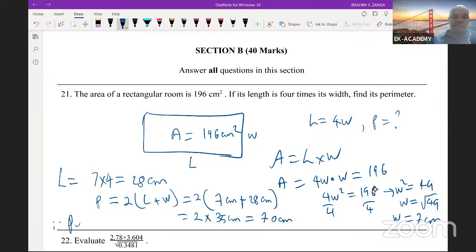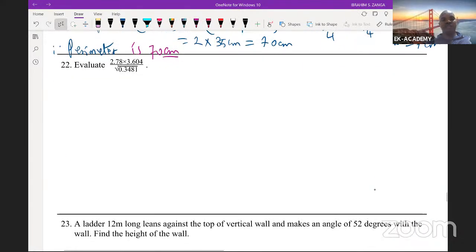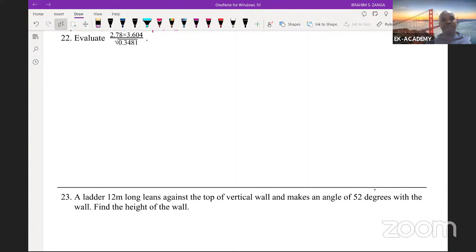Therefore, the perimeter of the rectangle is 70 centimeter. So that is the solution for question number 21. We go to question number 22.